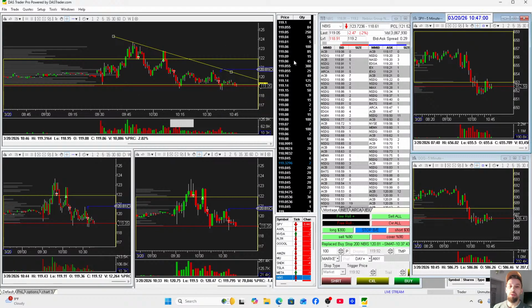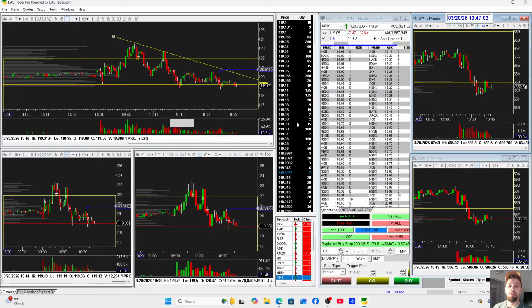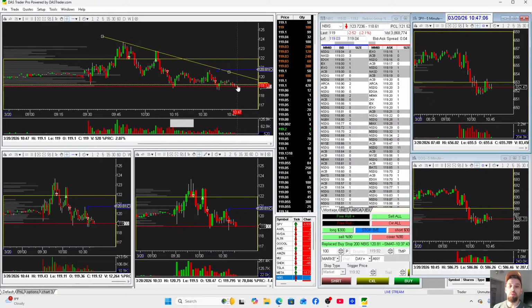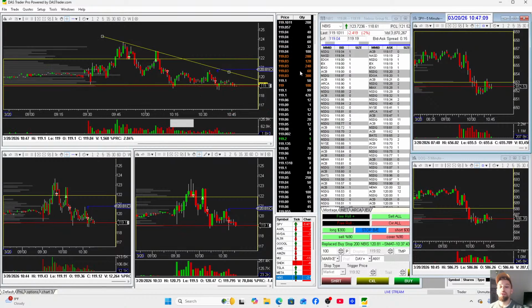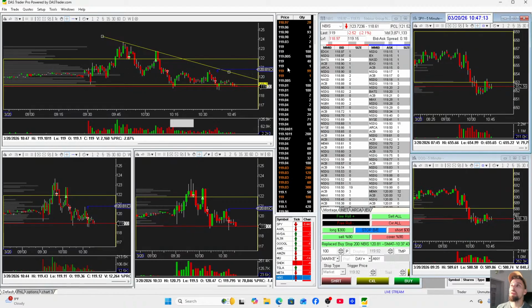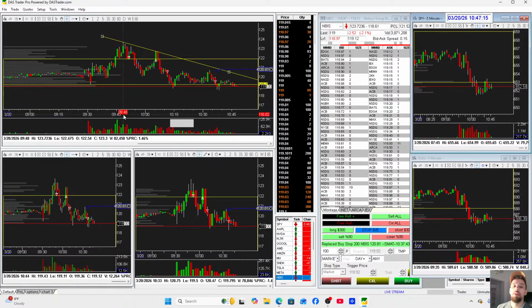Lots of white here, but the tape has to tell me, man. The tape has to tell me. I don't want to add here and it just bounces back. It's moving in our favor. We need some shorts to get involved here. We need a whale to come in and short this thing.